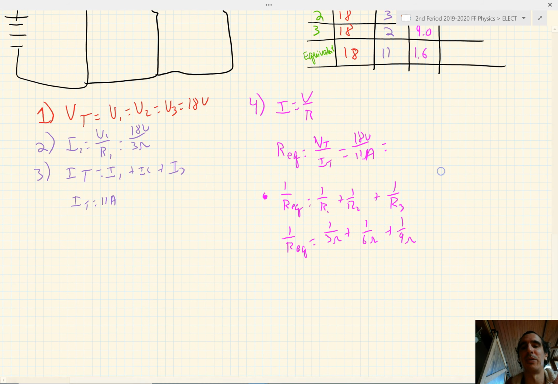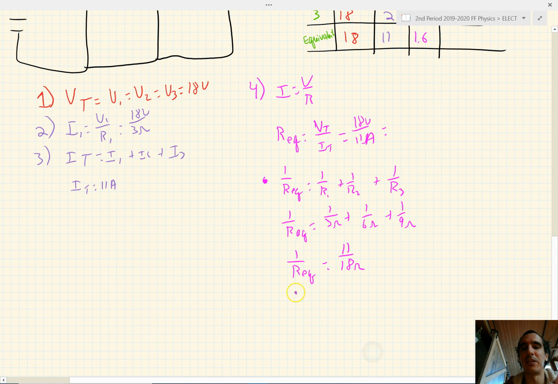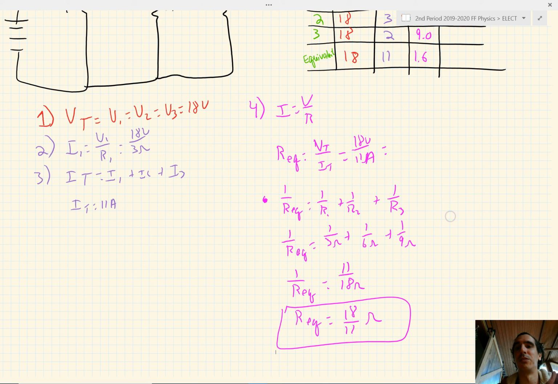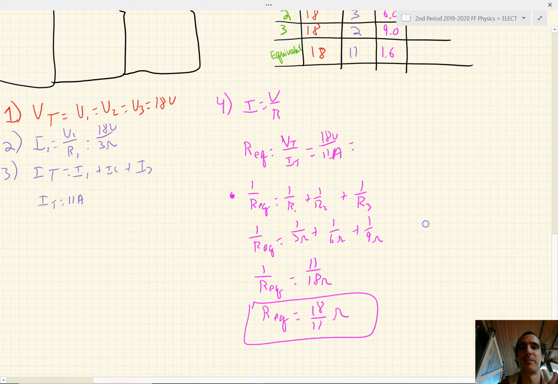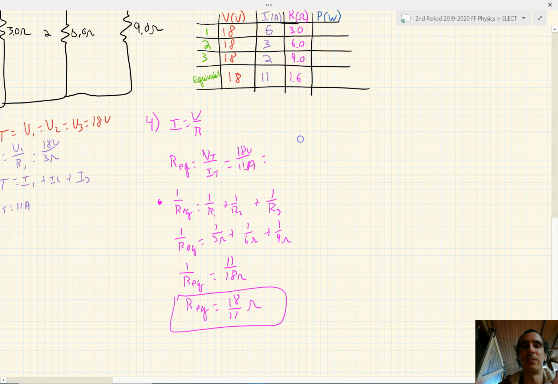We'll add those all up in our calculators, keep it as a fraction, and we get 1 over Req is equal to 11 over 18 ohms. So to get Req, all we do is take the inverse, which is 18 over 11 ohms, which gets us to 1.6 ohms.